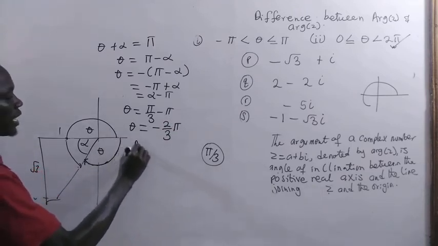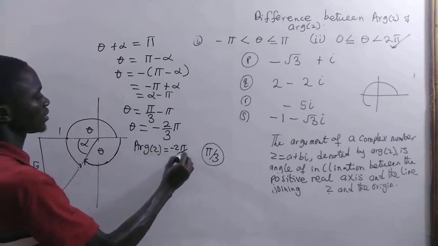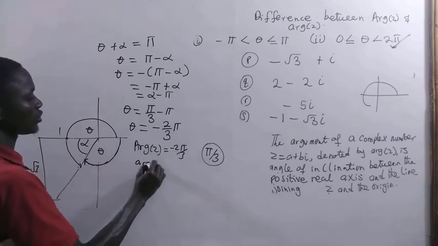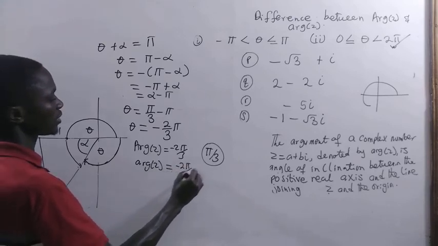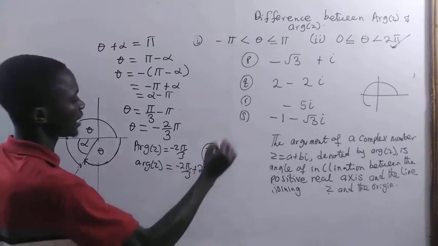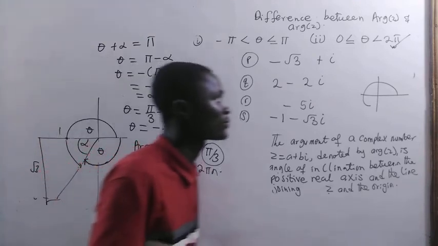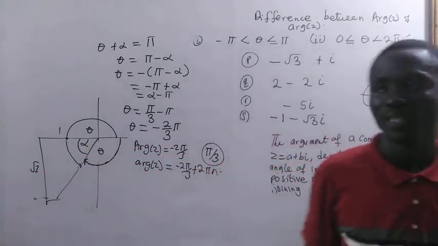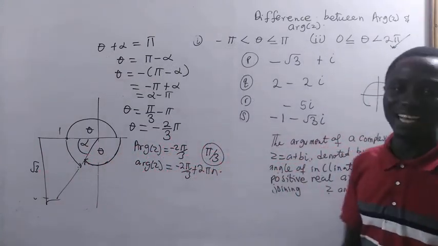So here the principal argument of z is negative 2 pi on 3, and the general argument of z is negative 2 pi on 3 plus 2 pi n. Yes, that is this. So this is the difference between the principal argument and the general argument.